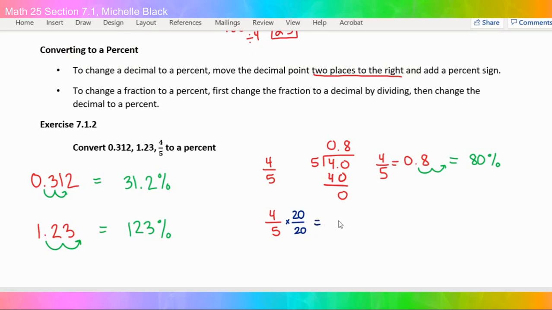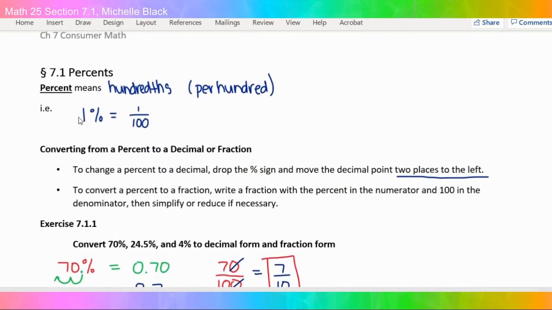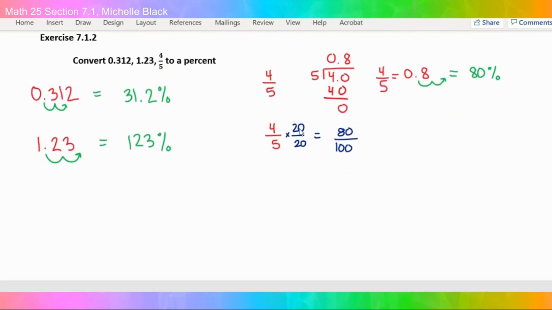When I multiply this out, I now get 80 over 100 as an equivalent fraction to 4/5. And since I have this 100 in the denominator, and my percents can be written as a fraction over 100, I can see that this is the same as 80%. Again, it's the number in your numerator when your denominator is 100.